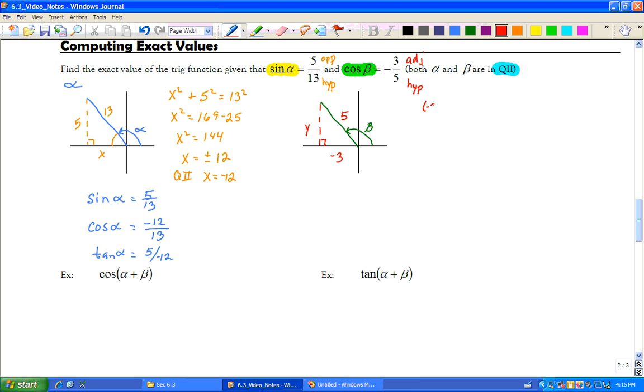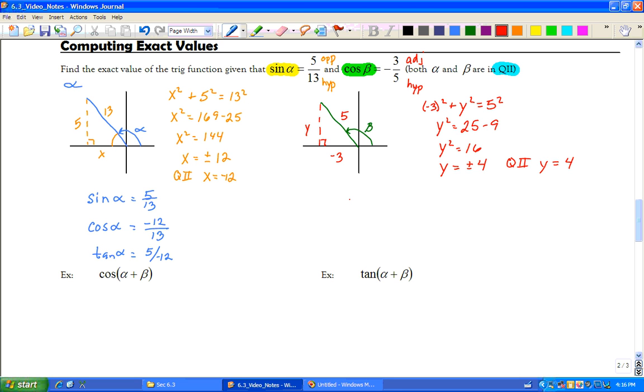So we're going to have -3 squared plus y squared is equal to 5 squared. So we have y squared is equal to 25 minus 9. So y squared is equal to 16. Y is equal to plus or minus 4. And again, since we are in quadrant 2, the y values are positive, so y is equal to +4.